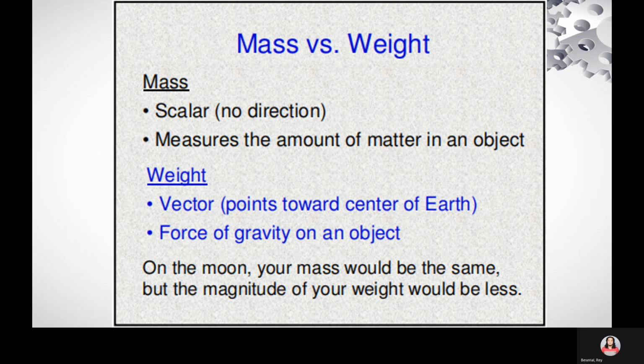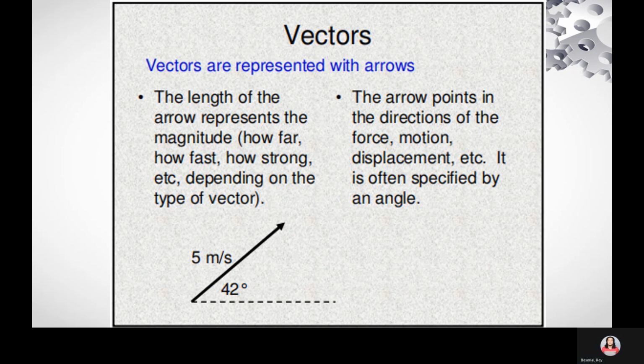So, next is vector. Paano tayo mag-present ng vector na handwritten? Okay, vectors are represented with arrows. The length of the arrow represents the magnitude. Kung mas malaki yung length ng ating arrow, doon nagre-represent kung how far, how fast, how strong, depending on the type of vector.